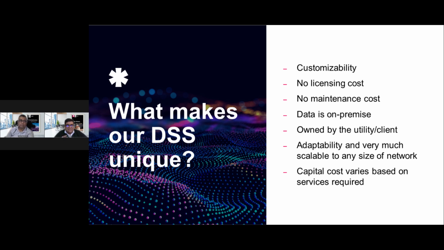And adaptable and scalable to any size of network, that's also key, because we all have seen the growth in the service area for several utilities, and we want to make sure that the DSS is adaptable to the scale. And the idea is to keep the cost based on the services required.